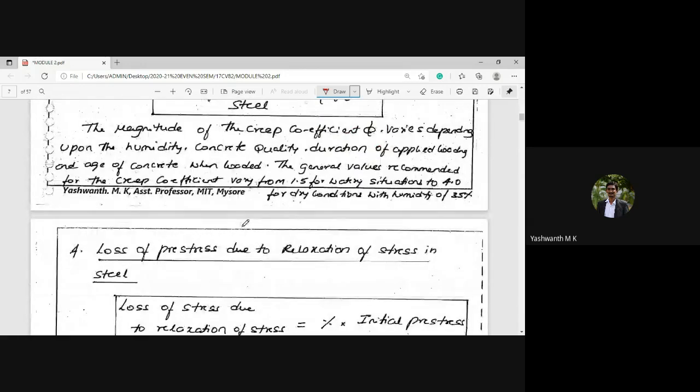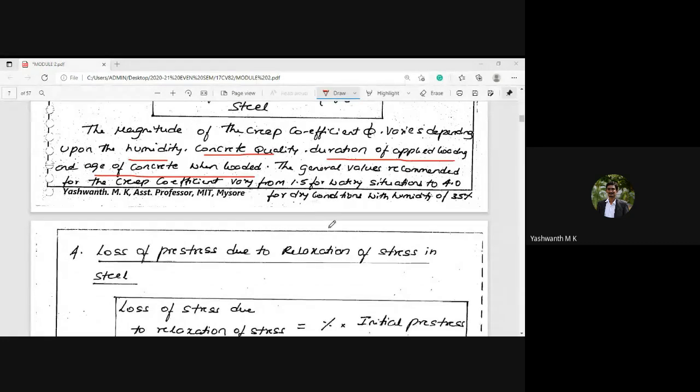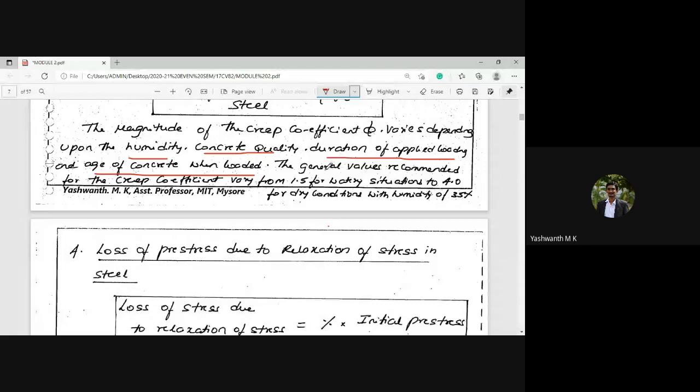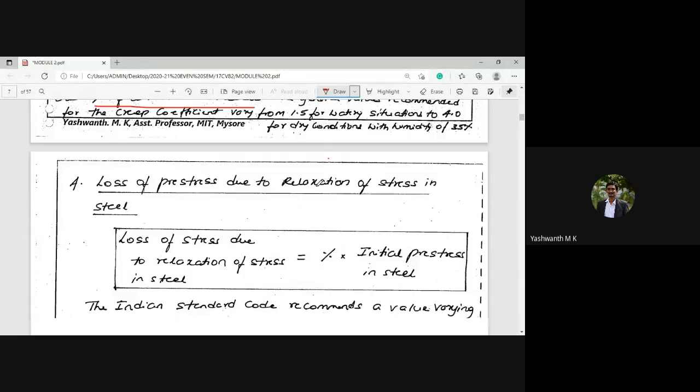Is it clear? Once again, the magnitude of the creep coefficient depends upon humidity, concrete quality, duration of applied loading, and age of concrete when loaded. At what particular age the concrete has been loaded, for what duration, and with what intensity, all those things will affect the creep coefficient.